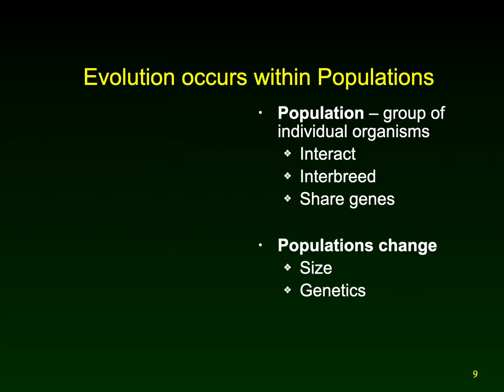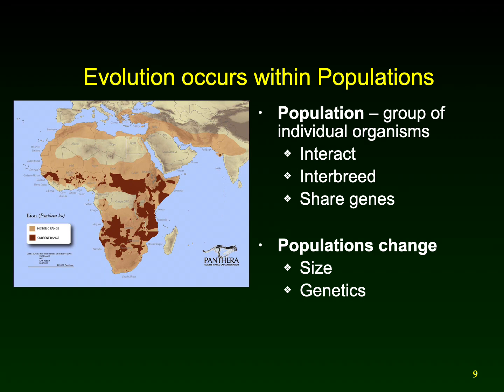Okay, so evolution occurs within populations. Populations are groups of organisms that interact and interbreed and share genes. Populations change in size. We know this all the time. Okay, and this is the population of lions, and you can see the changes in the size of the population.